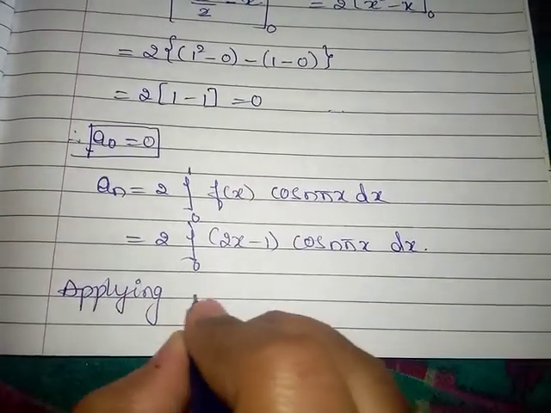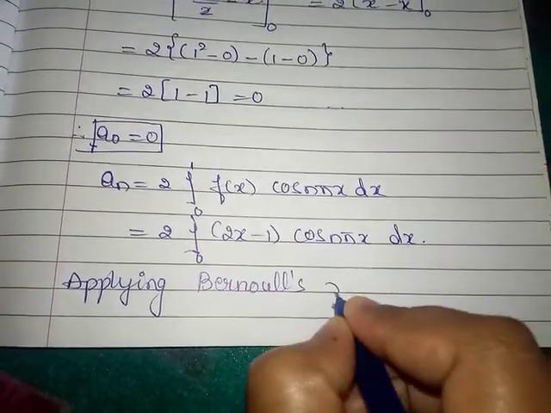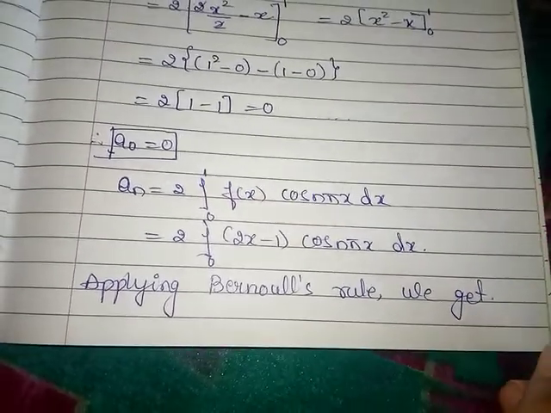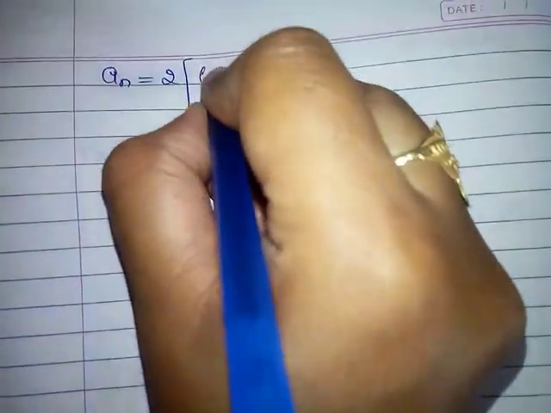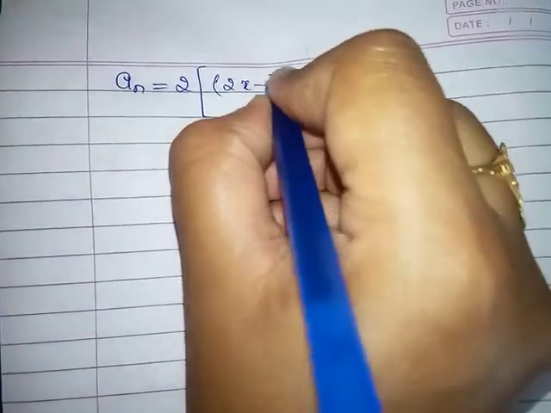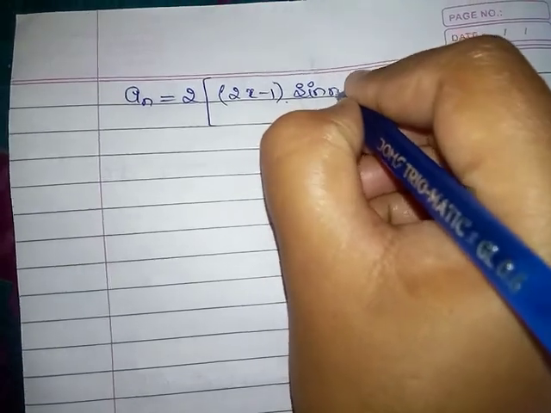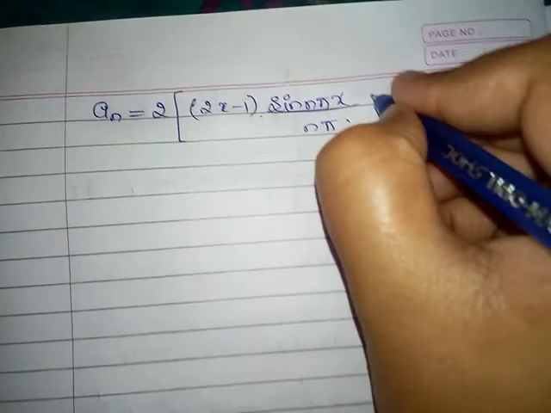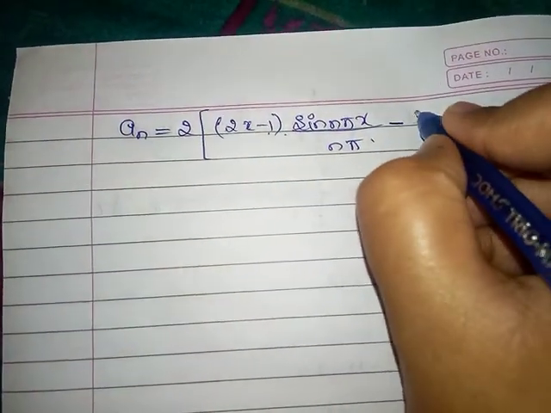Applying Bernoullis rule, we get, consider 2x minus 1 as differentiating part and cos n pi x as integrating part. Keep 2x minus 1 as it is, integrate cos n pi x, it is sin n pi x divided by n pi, minus differentiation of 1 is 0, differentiation of 2x is 2.